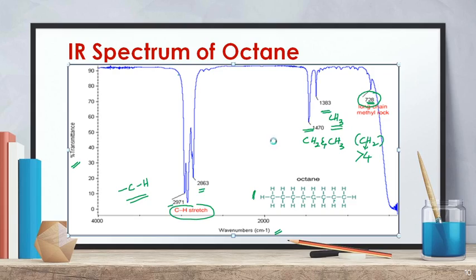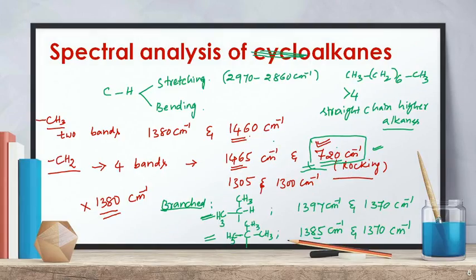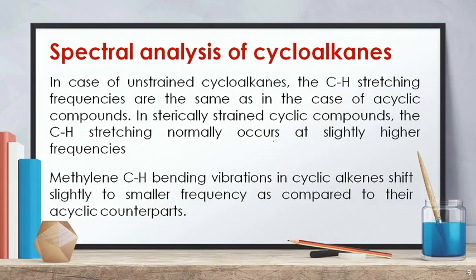Now let us come to cycloalkanes. So how can we analyze cycloalkanes? Right. So cycloalkanes means, this is a cycloalkane, right? And this is also a cycloalkane.